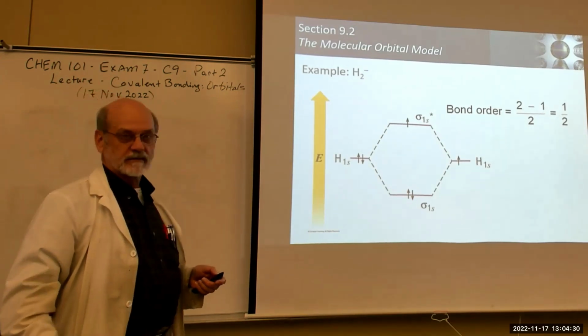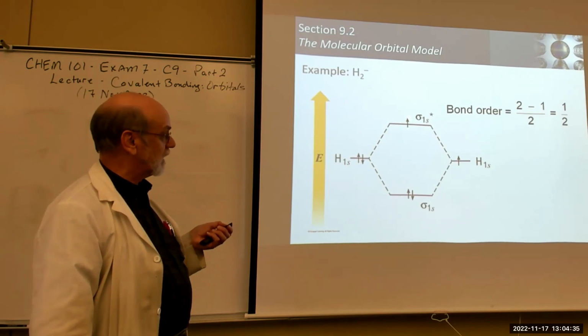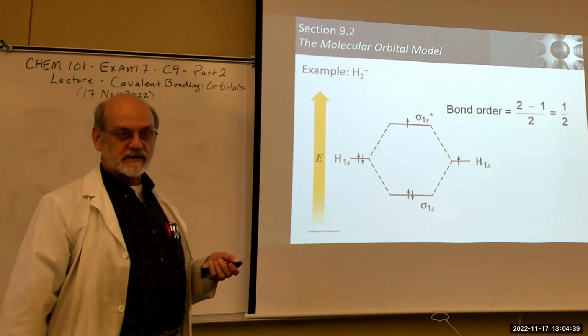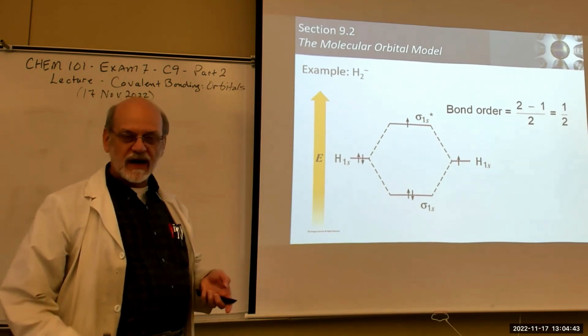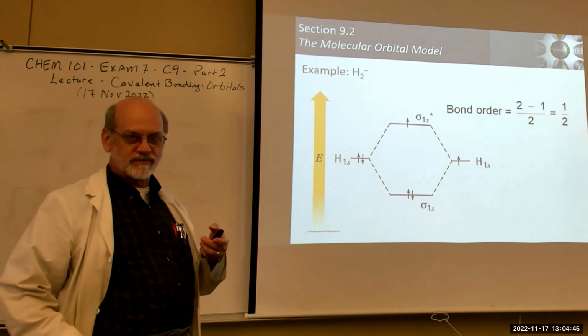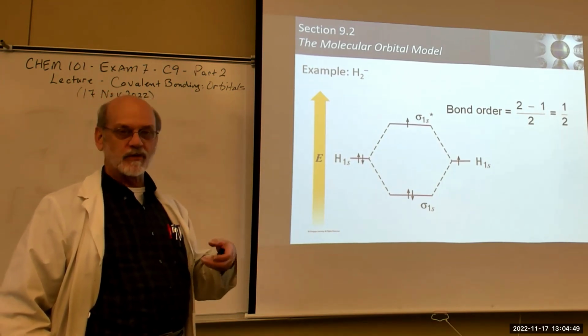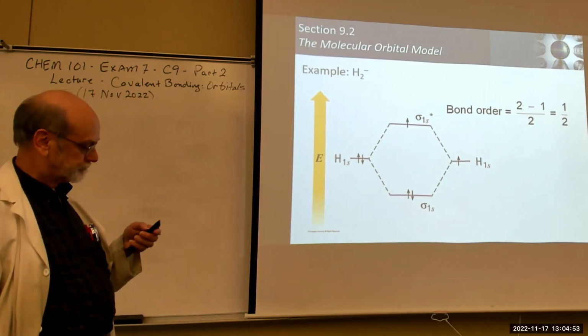Well, where are we going to put it? If we got an extra electron, the next place it goes is right here in an anti-bonding orbital. So you probably guessed that that destabilizes it. 2 minus 1 divided by 2 is a half. So the bond order is a half. It's not even a full single bond. It would be less stable than the neutral diatomic molecule.